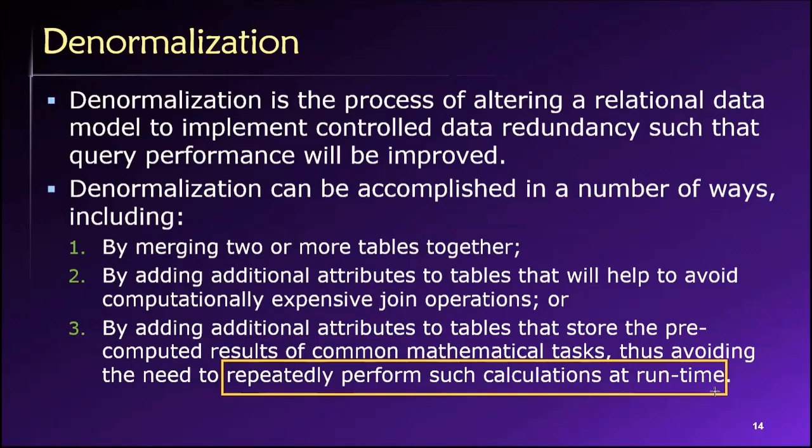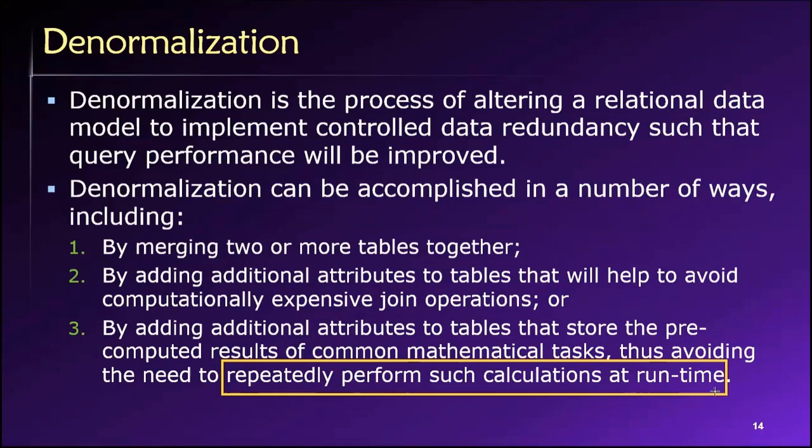So, for example, maybe we want to store, say, our total sales for each of our stores for every day. Right? So we just store that sum rather than computing the sum at runtime when the query is submitted. So I could just create an extra attribute that stores the daily sum of sales for the store. And in that case, I don't have to calculate the sum at runtime. I can just query that result directly.